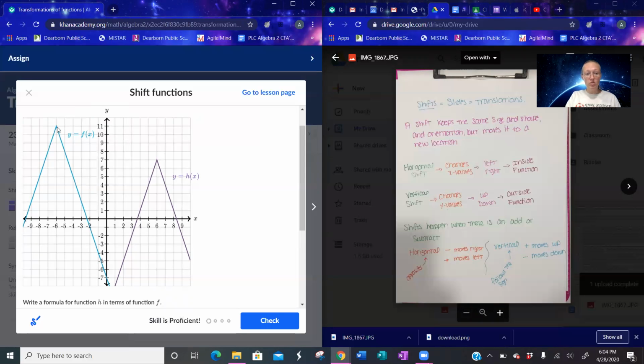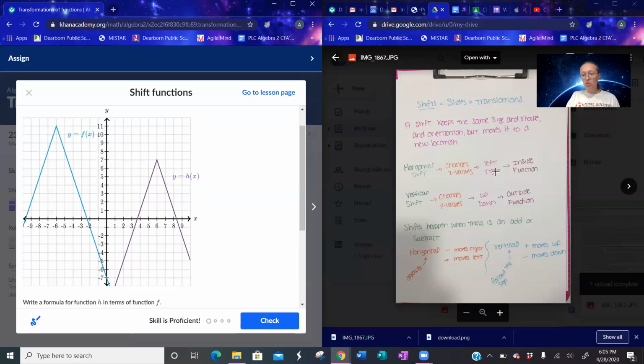And so we can use this vertex right here. If I start here and go to here, let's see what happens. I have to first move to the right. So let's count how many. 1, 2, 3, 4, 5, 6, 7, 8, 9, 10, 11, 12. Okay, so it was 12. I had to move to the right 12 jumps.